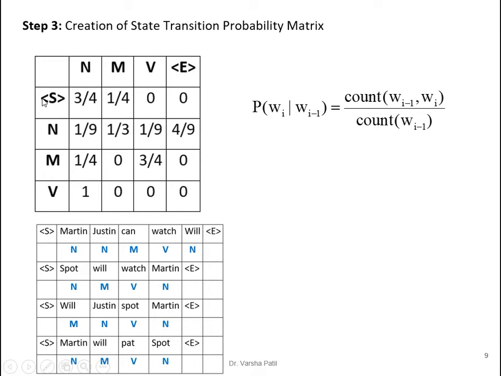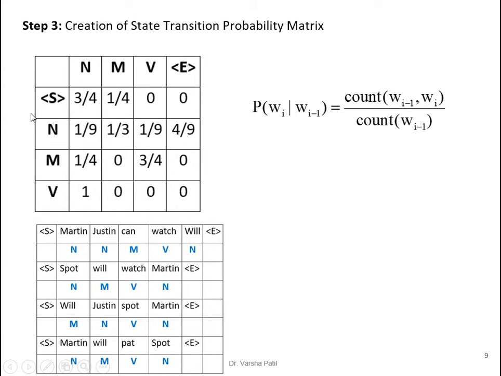Now here, there are 3 part of speech tags, so the size will be 3 by 3, but we are adding the start of the statement and the end of the statement. Here, I minus 1 is the previous word. You need to check how many times n appears after the start of the statement, divided by count of s.